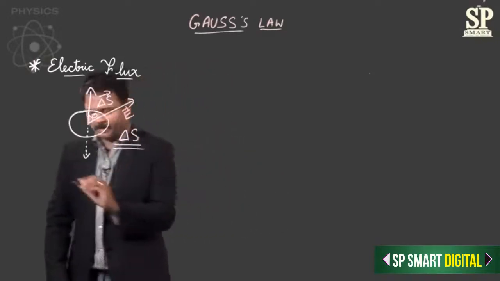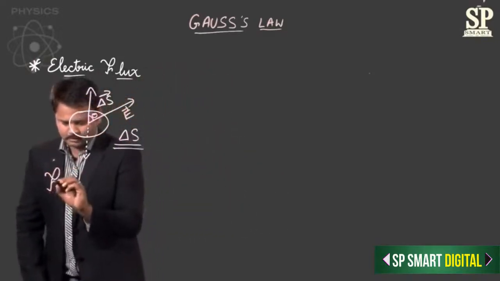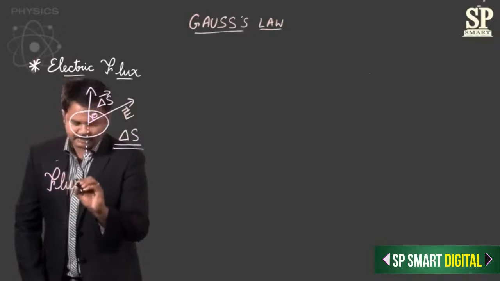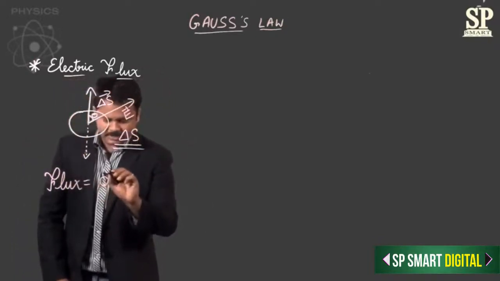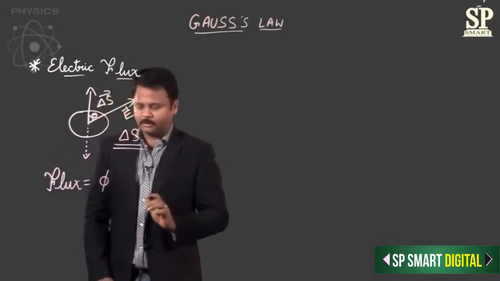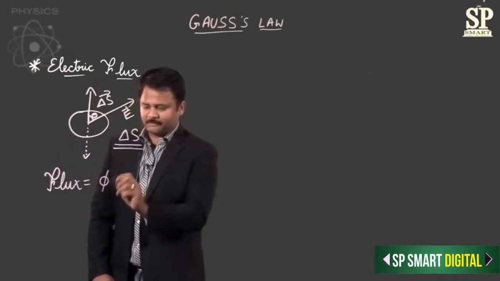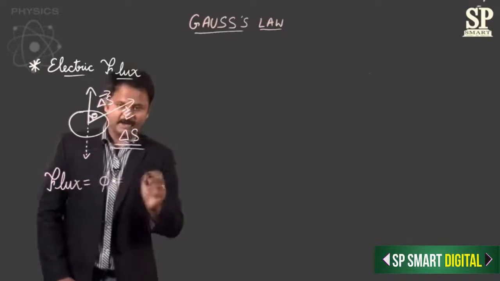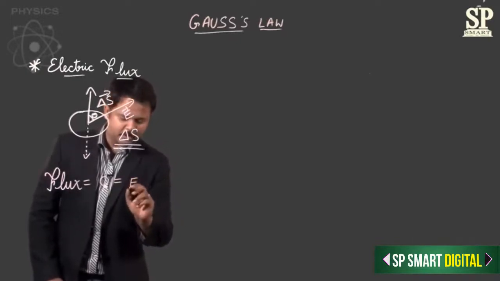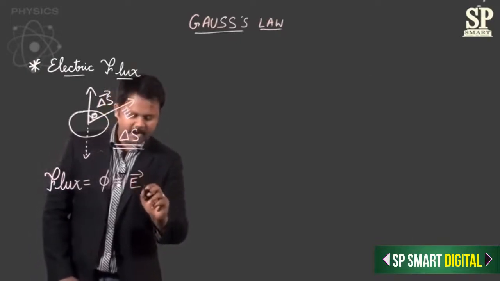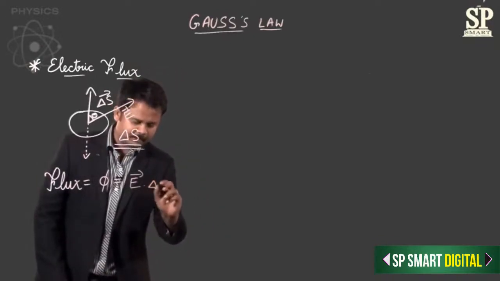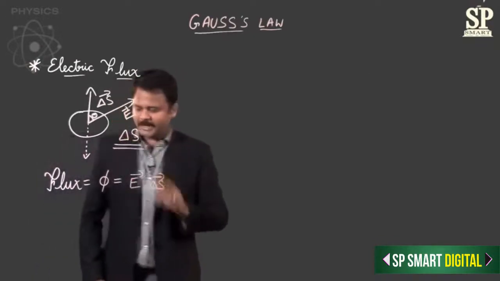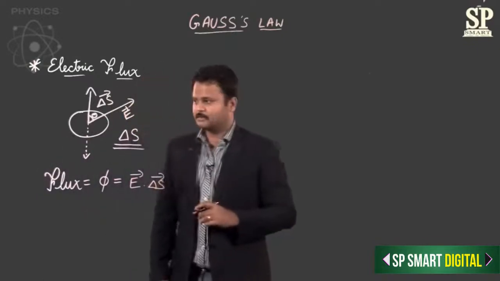I will denote electric flux by phi. So this is the notation I will follow for denoting flux. So phi is equal to the dot product of vector E and vector delta S, which is the area vector for this surface. So this becomes the expression for electric flux.